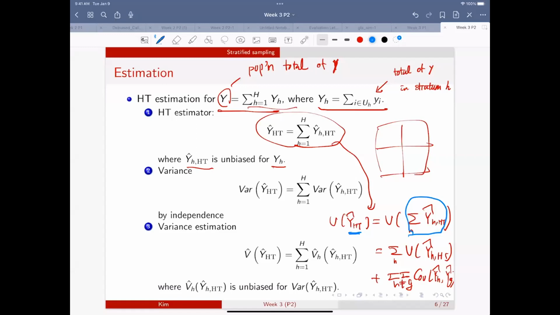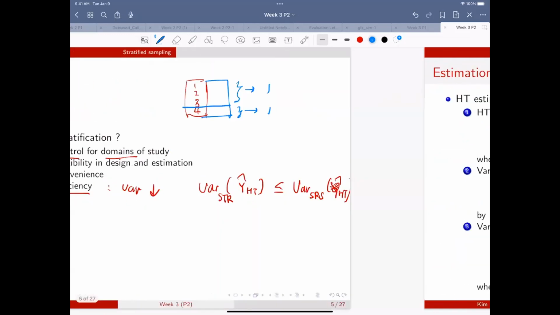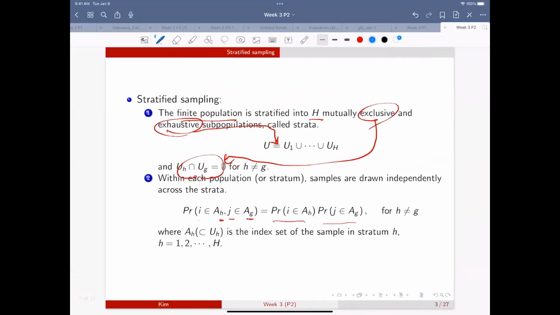But the covariance for H not equal to G is 0. Why? Because of the second property of stratified sampling.